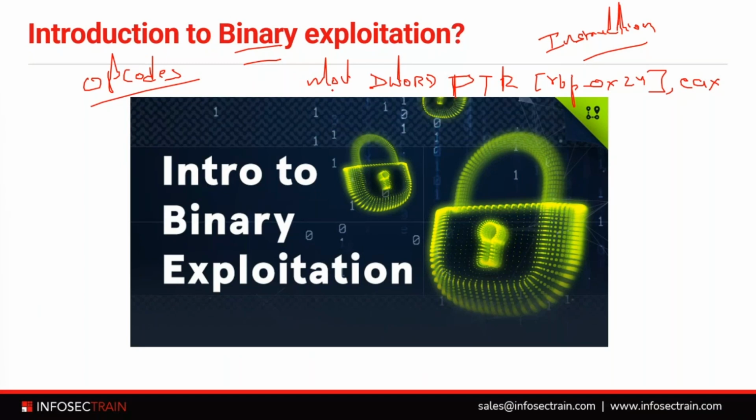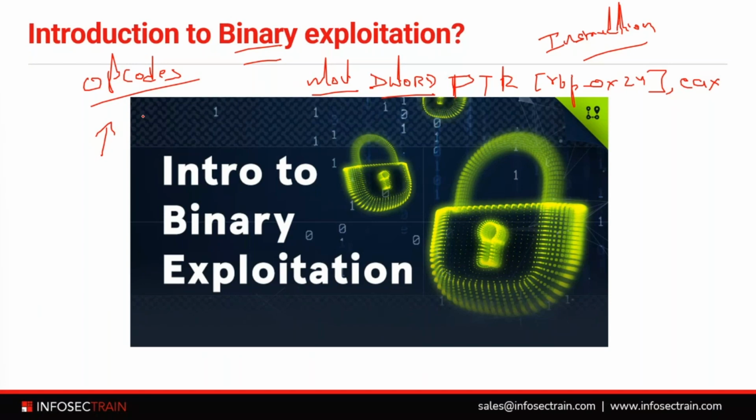So here, if you see, I have written an instruction, mov dword ptr. What it will be doing is moving things around between memory and the registers, right? So a binary file is a collection of opcodes, like instructions, which are generated by the compiler from high-level languages like C, C++ or Python.